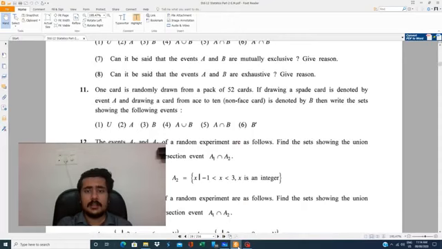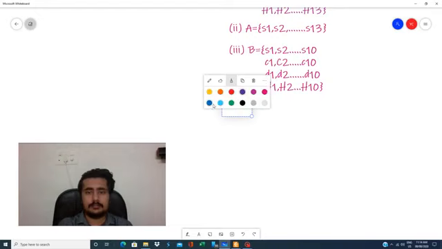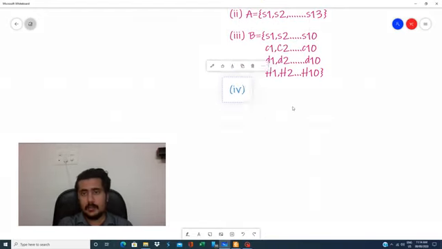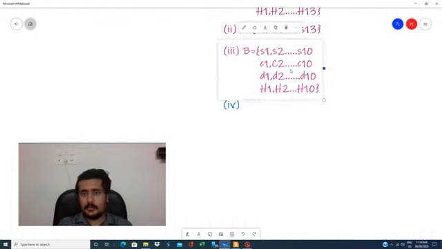Then you have to find the fourth. We have found 1, 2, 3, 4. A union B. Now A union B means you have to combine both of these. So S1 to S13 and these. How will I combine it?